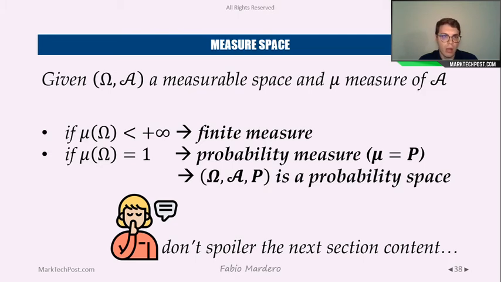If we say that the measure of omega should be equal to 1, then this is called a probability measure, and in the next section it will be denoted as P. We will forget about the mu notation and we will use P. Also, omega, A, the sigma algebra defined on omega, and P, the probability measure defined on A, will be called a probability space. But let's not spoil too much. We will see this in the next section.